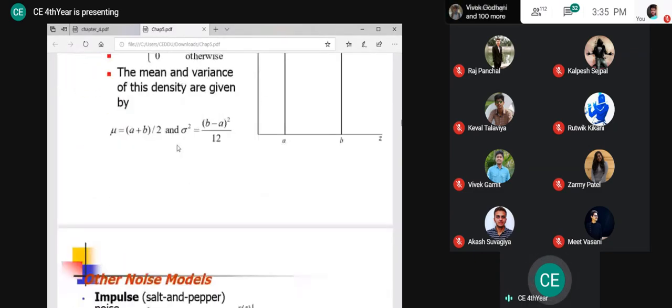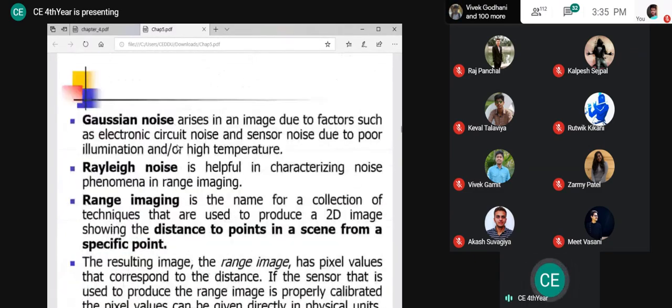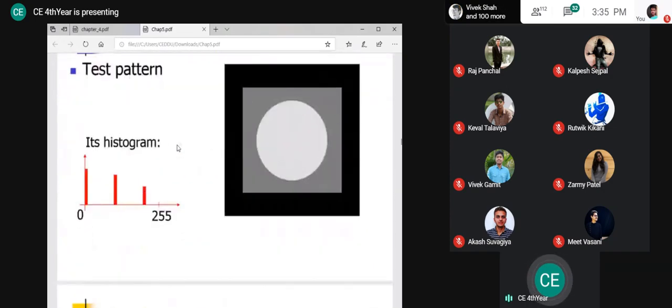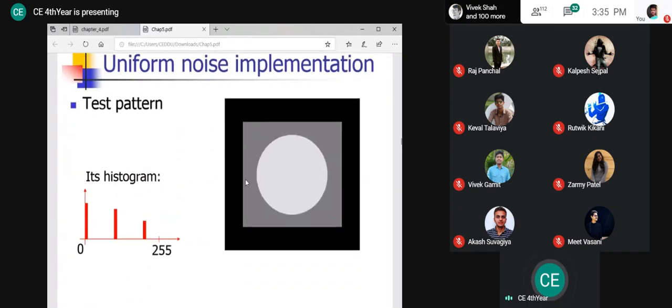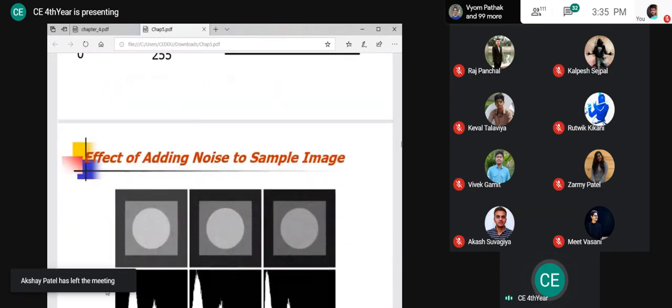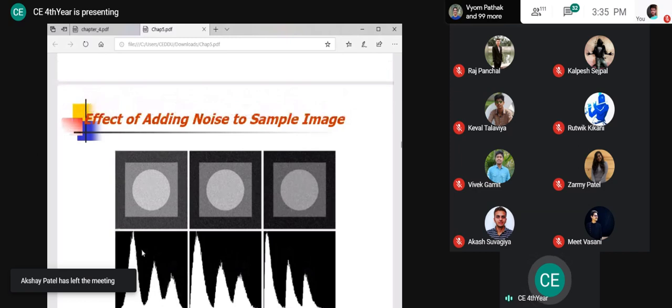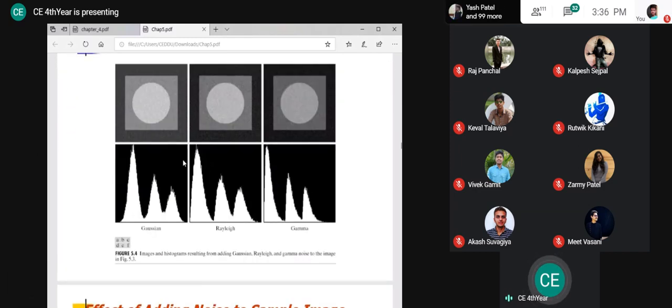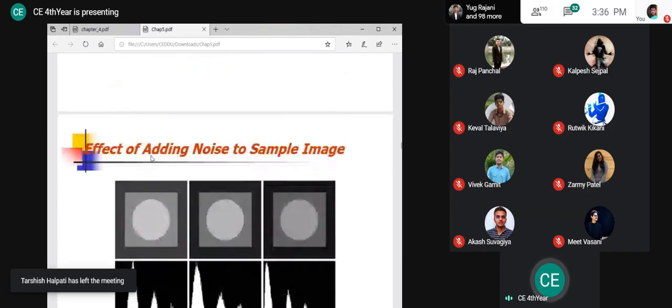Uniform noise too. What I know is that if my image has three different intensities, whatever the shape of my noise is, that noise shape, the PDF shape, is available at the location where my intensity exists.